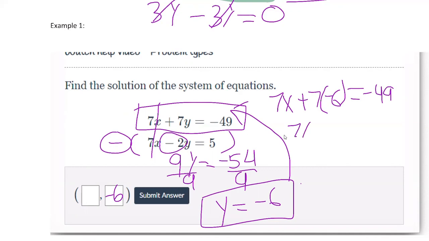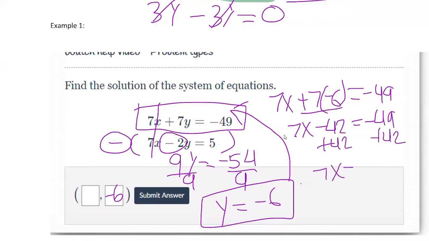So I'll have 7x, and 7 times negative 6 would be negative 42 or minus 42. We would add that over. Then you would divide, so you would get your x is negative 1. So that is our answer.